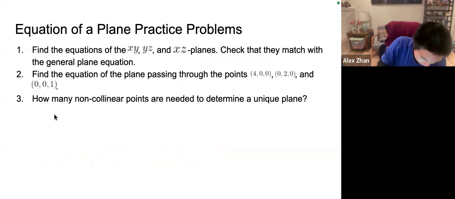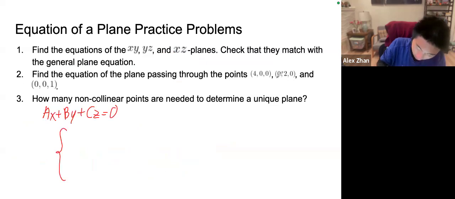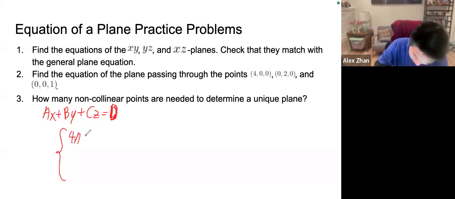And so for the next one, find the equation of the plane passing through the points. In this case, remember, ax plus by plus cz is the general equation. Since it passes through all three of these points, it equals some d. Let's first talk about this one. We have 4a plus 0b plus 0c, or in other words, 4a equals d.